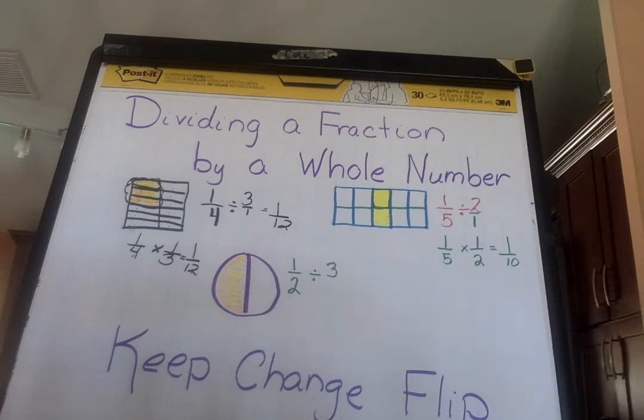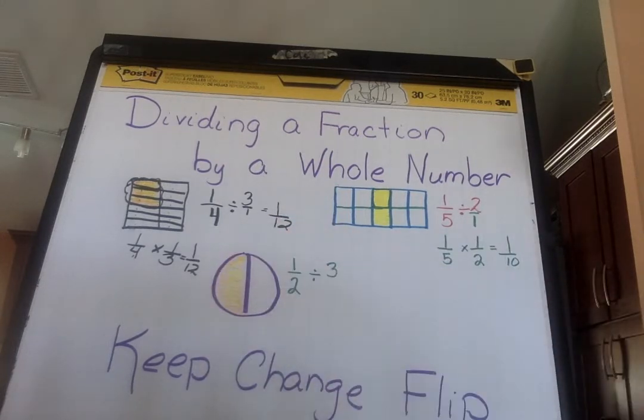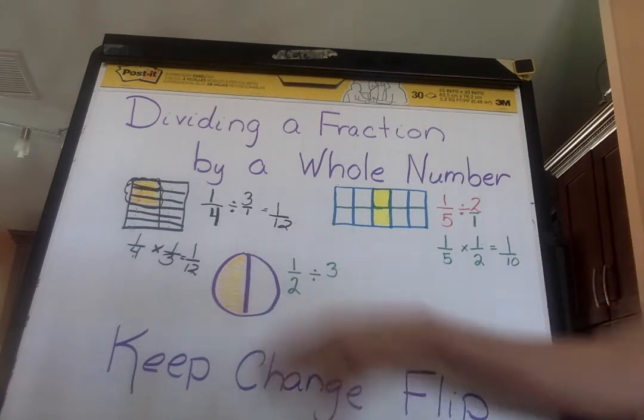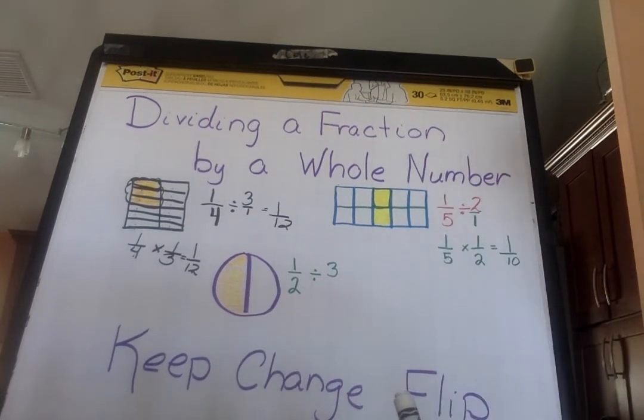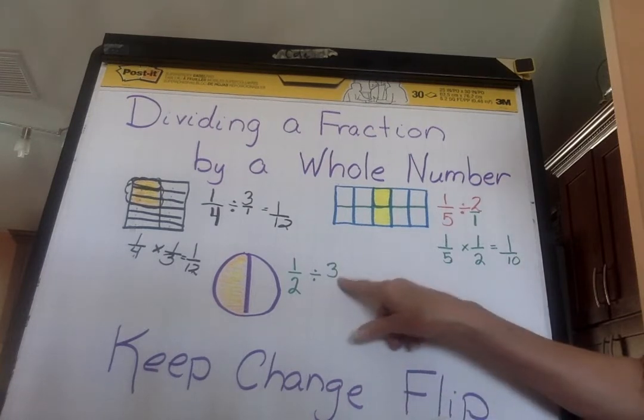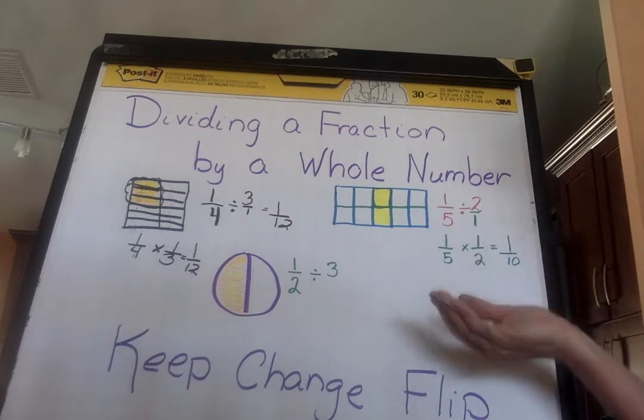Let's try our last one. Okay, so now we'll pretend like this is a pizza. We had a get-together or a movie night, and we ordered a pizza. And now there's only half a pizza left. This piece is already gone. We ate it the night before. And now I'm going to have to share it with me and my 2 sisters.